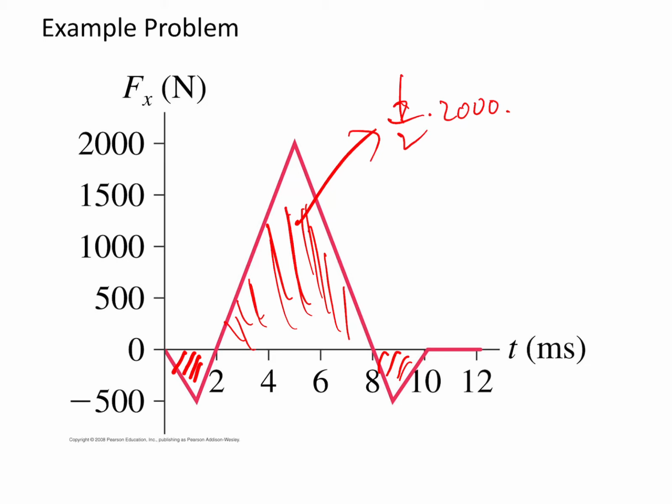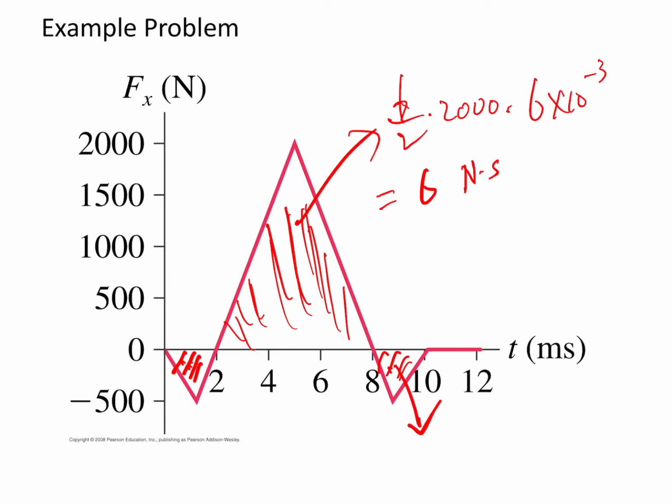So times 6 times 10 to the negative 3 equals 6 Newton seconds.